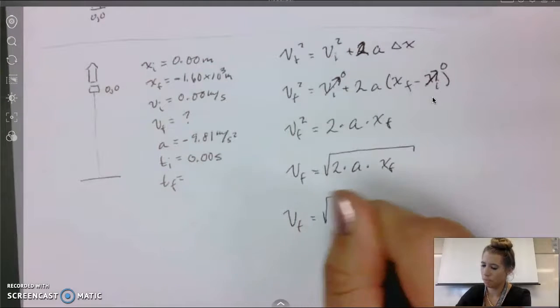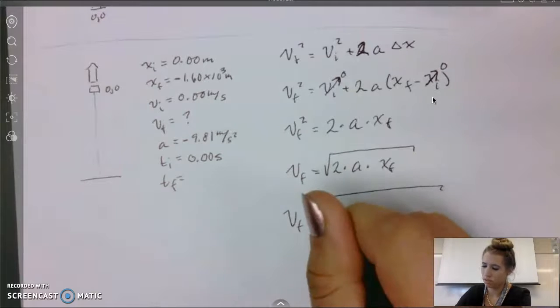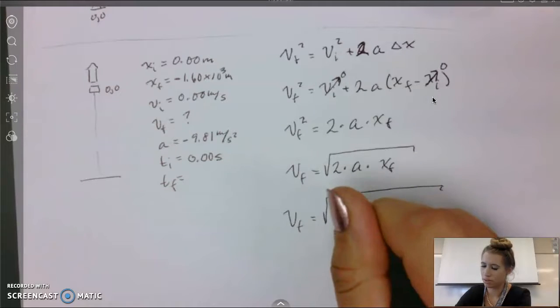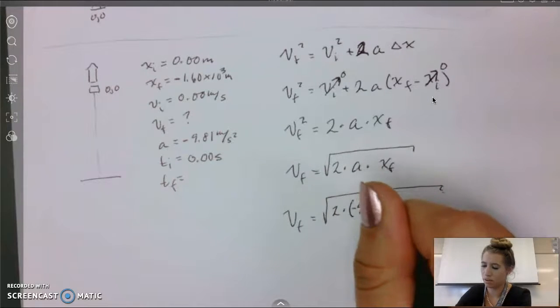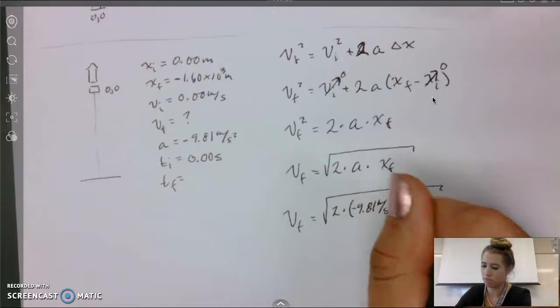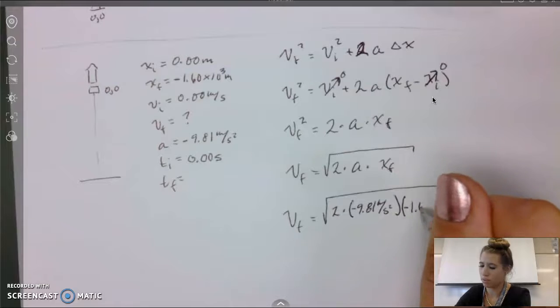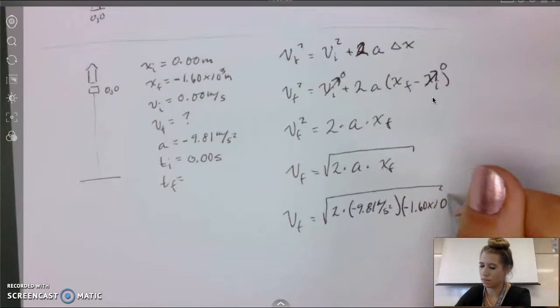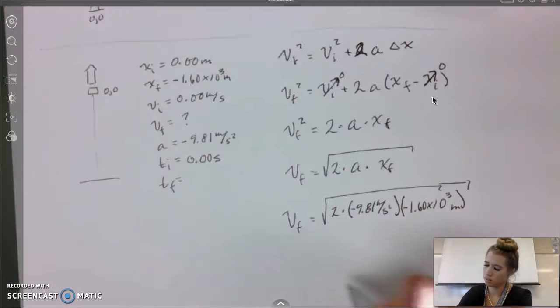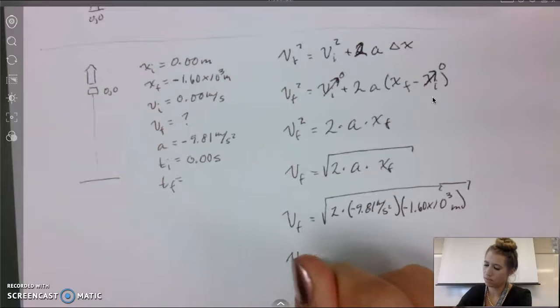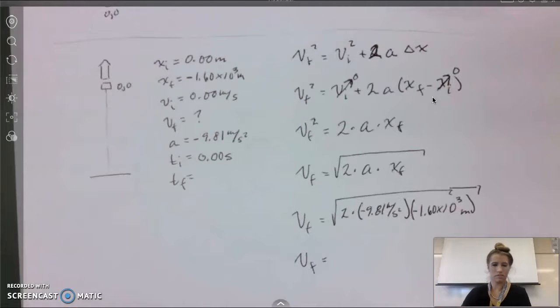So 2 times acceleration, which was negative 9.81 meters per second squared. And then we're multiplying this by x final, which was negative 1.60 times 10 to the third meters. Okay, let's see what our calculator gives us.